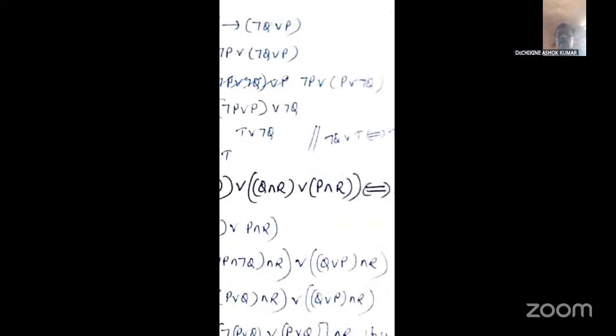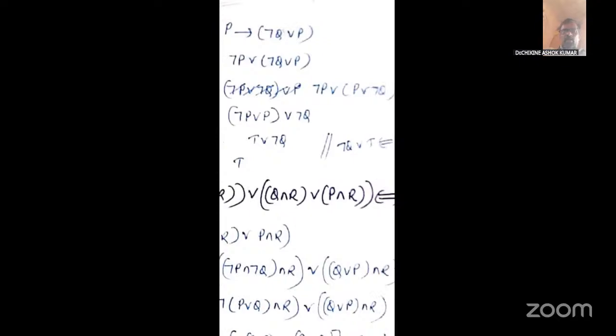A union B is always equal to B union A. So I'm writing here negation Q union P is always equal to P union negation Q. After this, again go for the associative principle. A union of B union C will become A union B, union C.